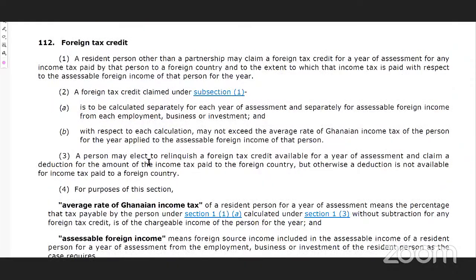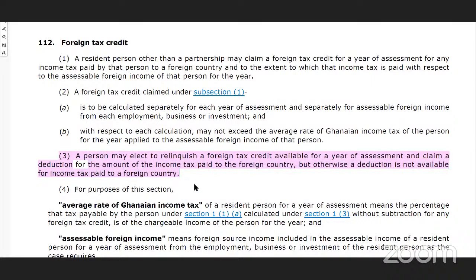A person may elect to relinquish a foreign tax credit available for a year of assessment and claim a deduction. And claim what? A deduction for the amount of income tax paid to the foreign country, but otherwise, the tax law does not allow a deduction for an income tax paid to a foreign country.